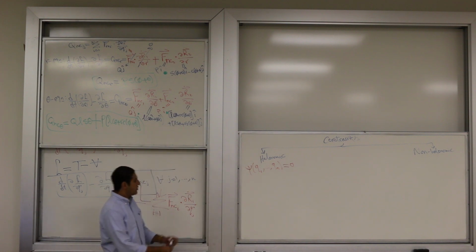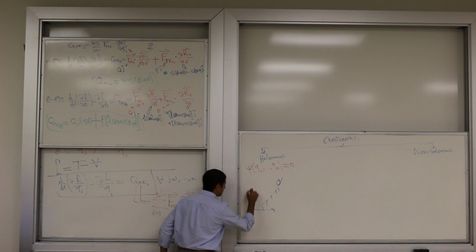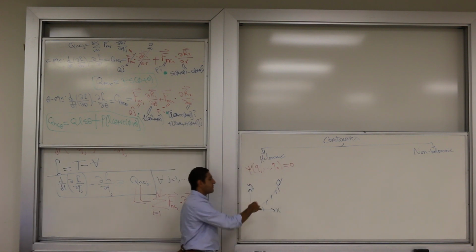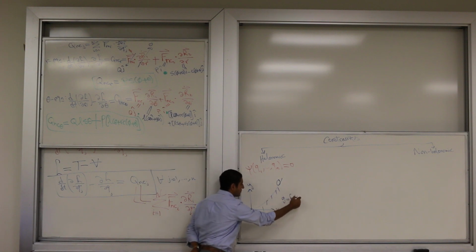A pendulum, or this guy, a mass that is rolling over that surface, and this surface may be a parabola in the plane. So this is x and y for the mass, and this shape of the curve is y equals function of x.